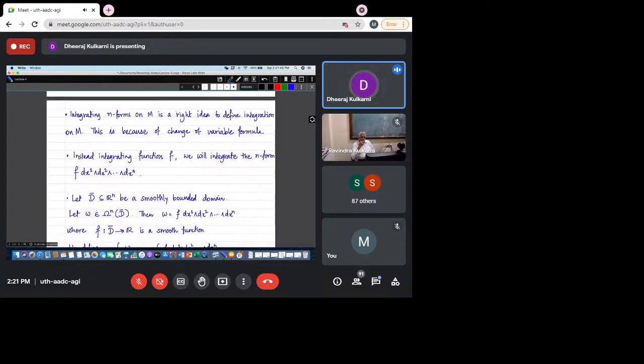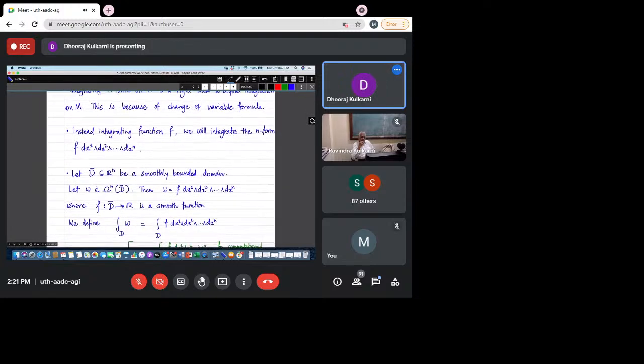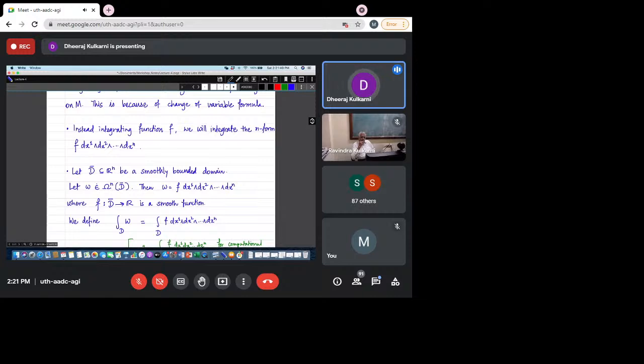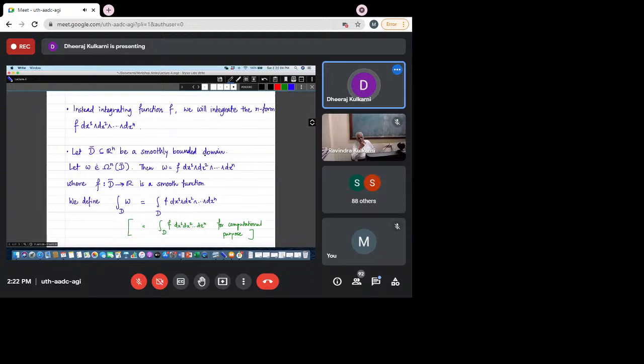So we will first try to rewrite integration of functions on domains in Rn as integration of n forms on Rn. So we'll first set up the local case.